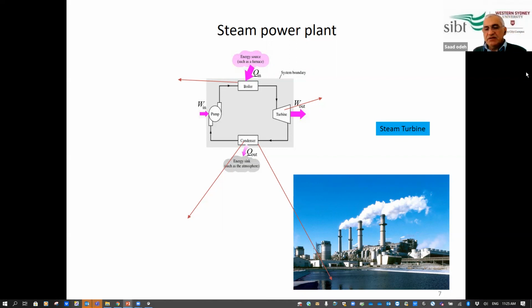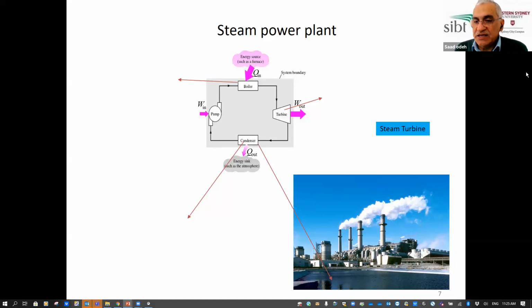There is another example of a heat engine, which is the power plant. As I remember, I think I explained this before. The power plants generate the electricity required to operate our daily life devices.